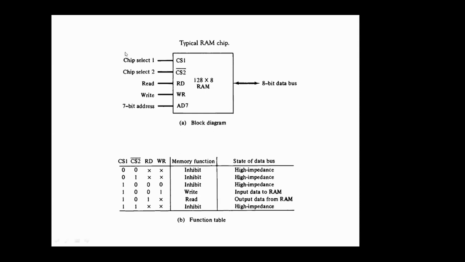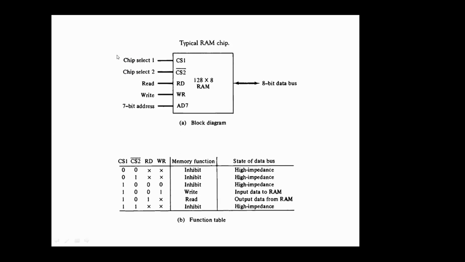And lastly, what are chip select 1 and chip select 2? The CPU has to select this box. It is possible that in a computer there will be many RAM chips and also a ROM chip or many ROM chips. So how to select those things?